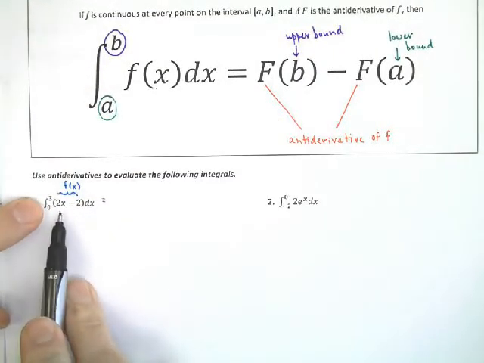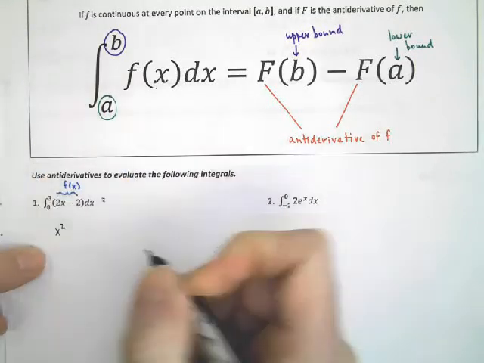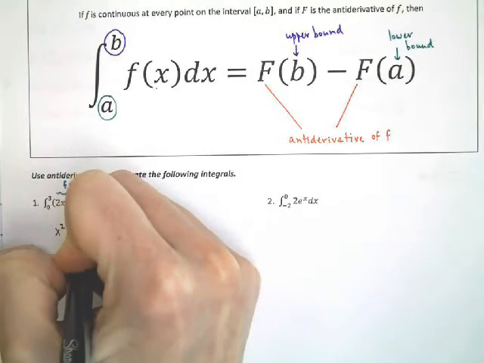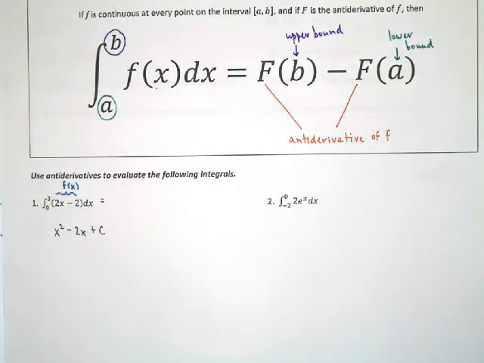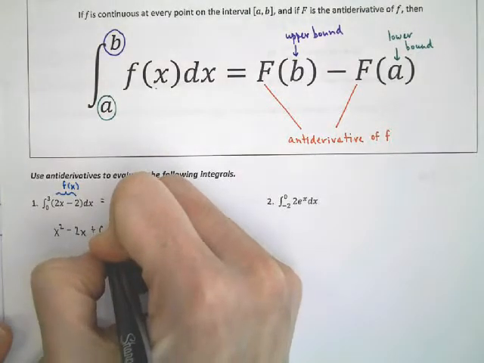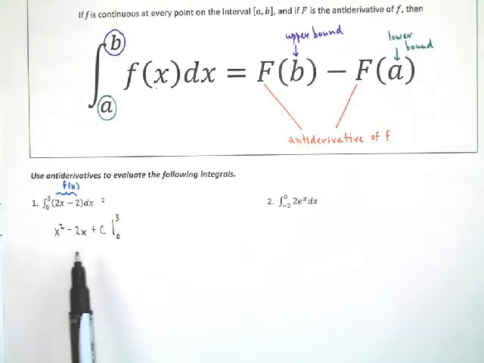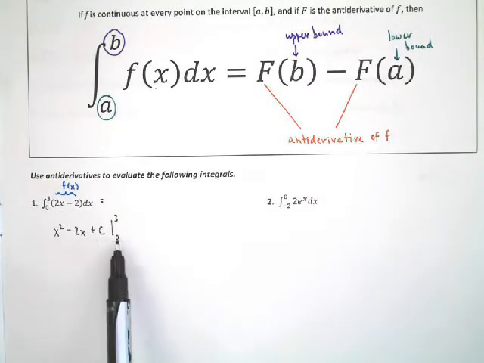So the antiderivative of 2x, I know, is x squared. Minus 2, the antiderivative of that is minus 2x. And then again, we always have our plus c. Now, we're going to use this notation here, and I'm going to put from 0 to 3. Right? That means I'm going to evaluate this integral from 0 to 3.